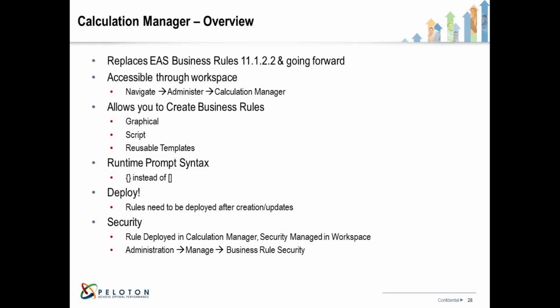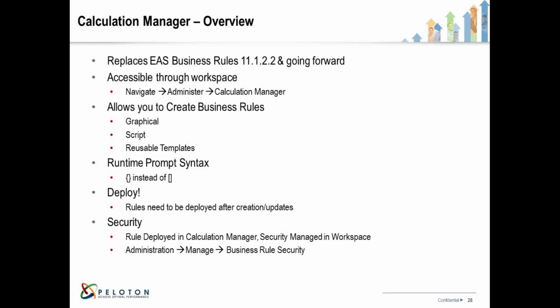Another distinction between the two is that in Calculation Manager, every time you create a rule or modify it, you need to deploy that rule for it to take effect in all the applications that it's being used. So in the event that you decide to change a business rule and go and run it within your application, it's going to run the old code until you deploy that rule to your application.